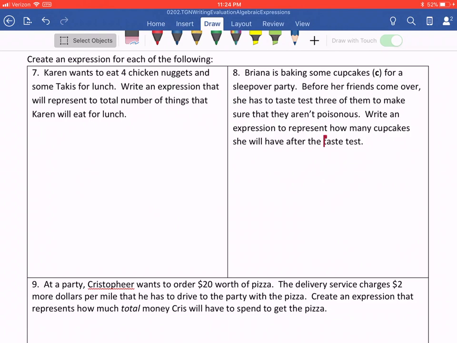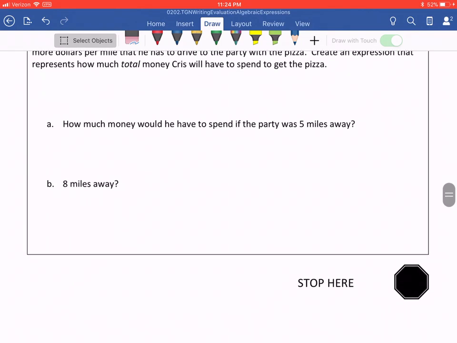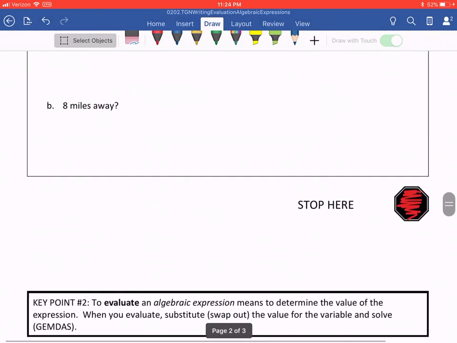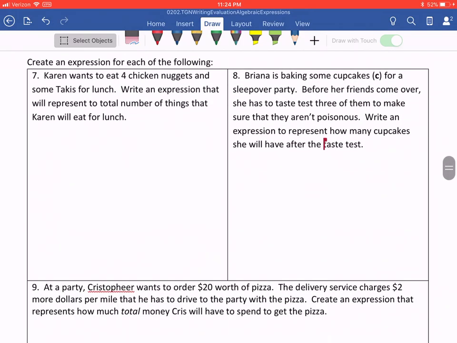Then you are going to solve these on your own. We're going to go over them in class. Go ahead and just do number 7, 8, and 9 and stop where it says stop here at that stop sign. There's some more things in your notes below that, but you're going to wait for class on Monday to go over those all together. So let's take a look at the first one.